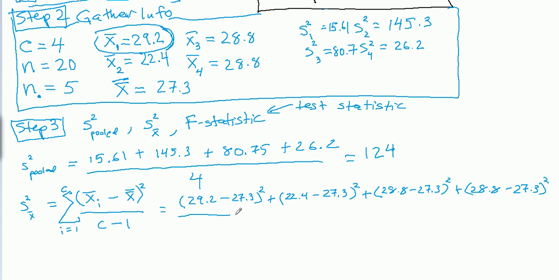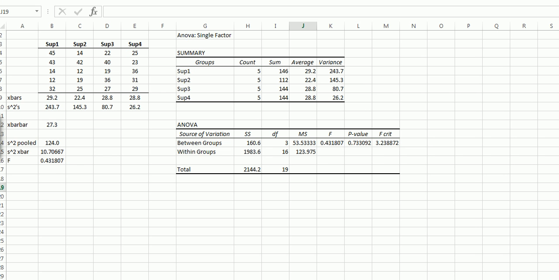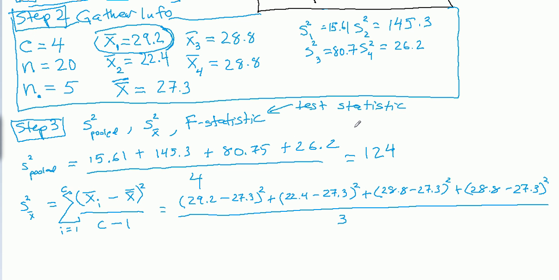Then this whole thing divided by c minus 1, so that's 3. If you go through that, I get 10.71 if I round to 2 decimal places. So we got s squared pooled, we got s squared x bar.